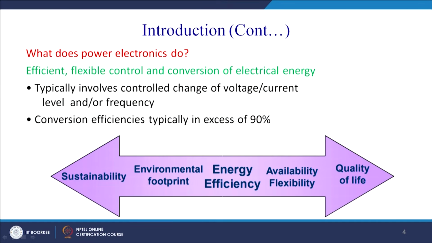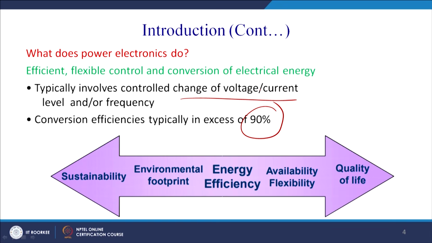So what essentially it does, it does efficiently and flexibly, and it gives a wide range of control and other variations. Typically, it involves change of voltage, current, frequency or power, and generally the conversion efficiency we wish to achieve is around 90%. That is one of the biggest challenges.